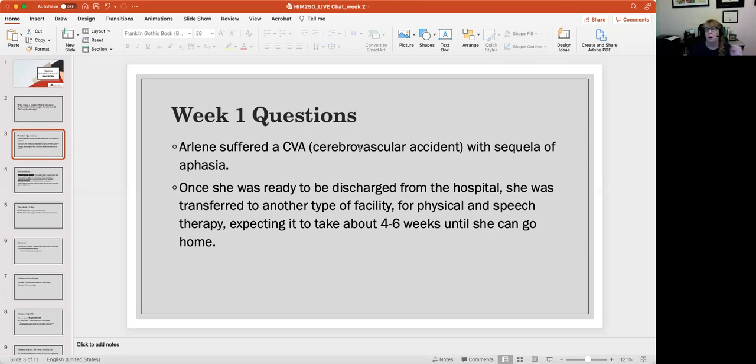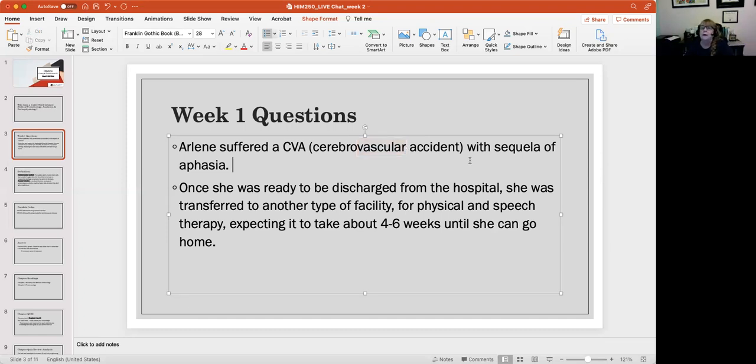So first, I want you to remember from medical terminology class, cerebro has to do with the cerebellum, the brain, right? Vascular has to do with a blood vessel, either an artery or a vein. I don't know why I pointed to my arm. We're still in the brain. Blood vessel, either a vein or an artery in the brain.